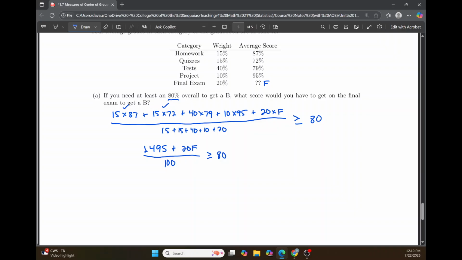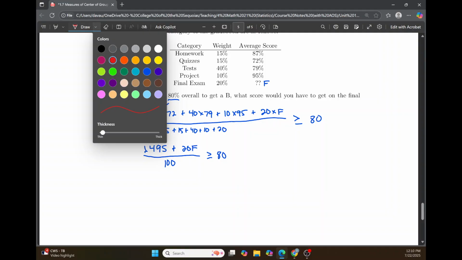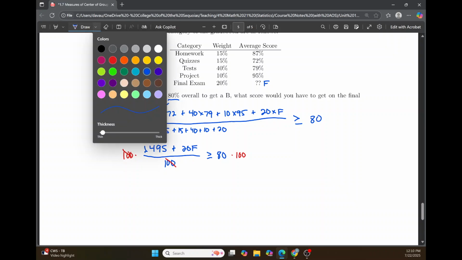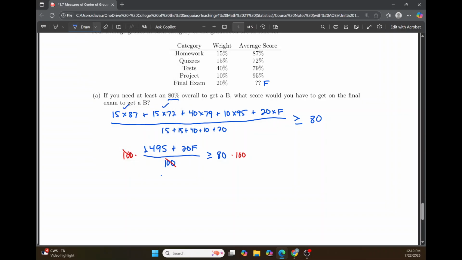So now if I want to solve for f, the first thing I should do is clear that fraction, right? So I'm going to multiply by 100 on both sides so that those cancel. And now I should have 6495 plus 20f has to be greater than or equal to 8,000. The next thing I want to do if I want to solve for f is get rid of that 6495.